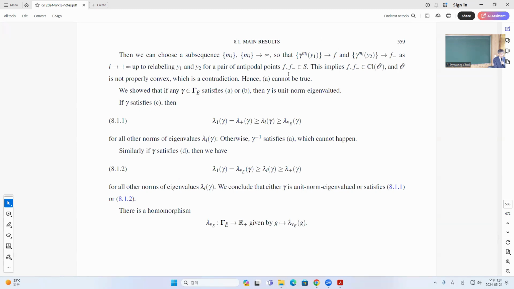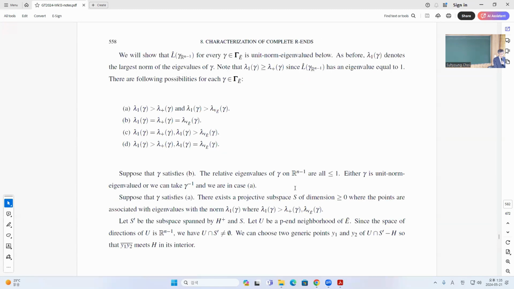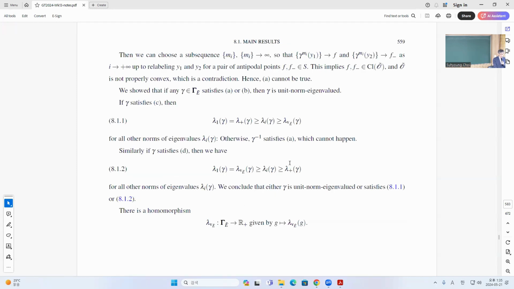And then you can show the proper convexity is not satisfied. So I showed that A cannot happen in this situation. Because it's complete affine, every direction is realized, so an affine half space is realized. So then A cannot happen.